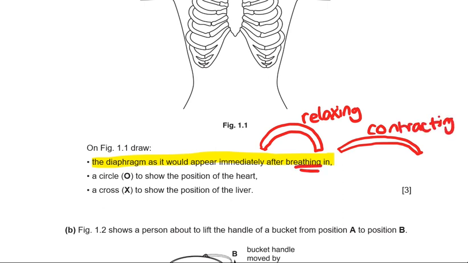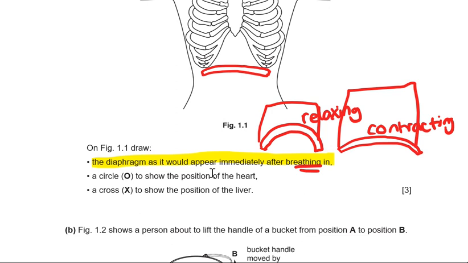So here we say breathing in, so that means that we want the volume of the thorax to be much bigger. Therefore, we want it to be contracting. When we're drawing it, it should be right around below the rib cage, so we're going to draw it a bit flatter, just like that.